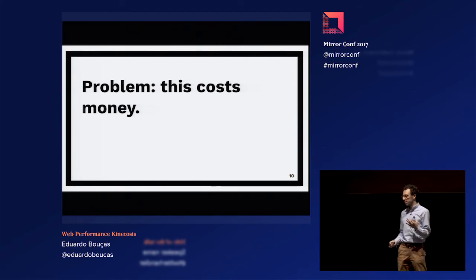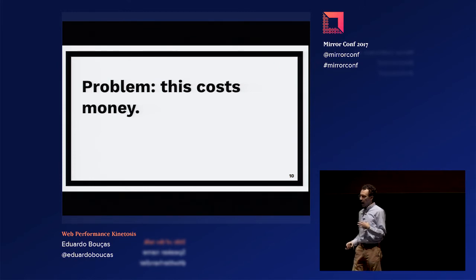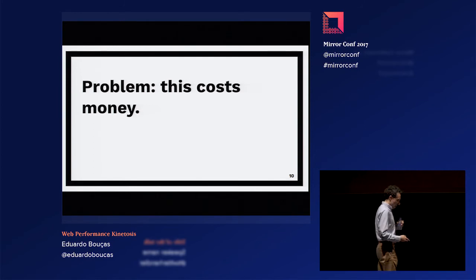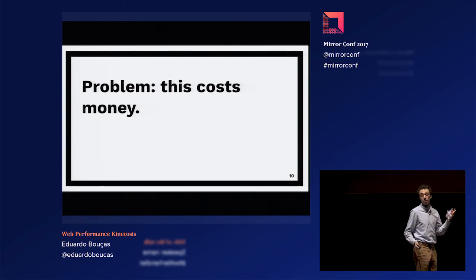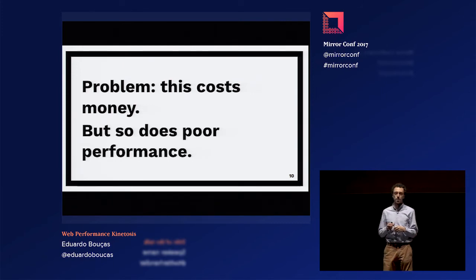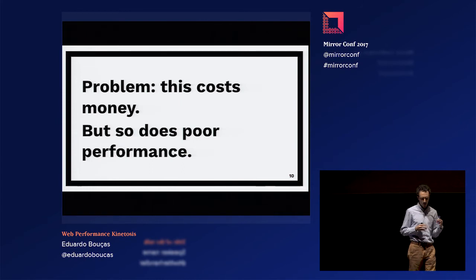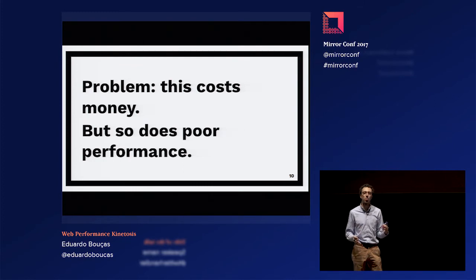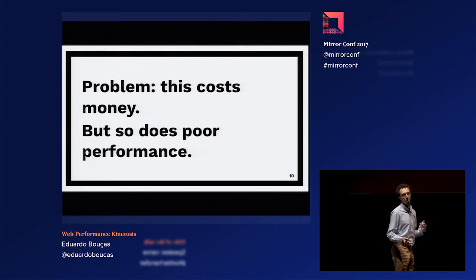And I found from experience that people won't see this as a very good idea. Because this costs money. It does. But so does poor performance. And I think it really helps to frame your argument in a way that is less about performance being a technical problem, and more of a business problem.